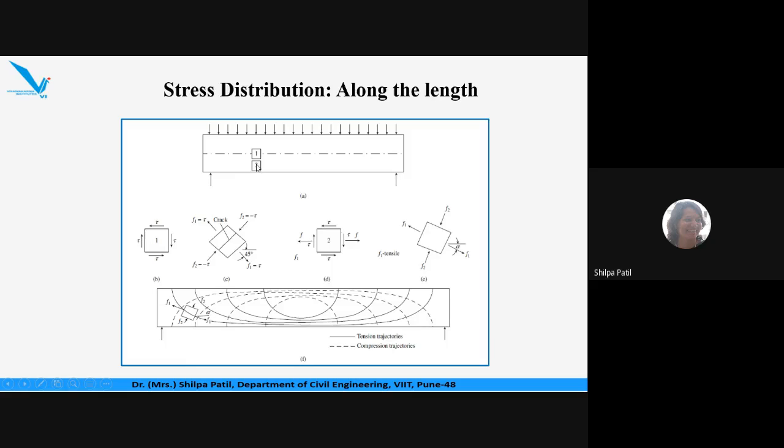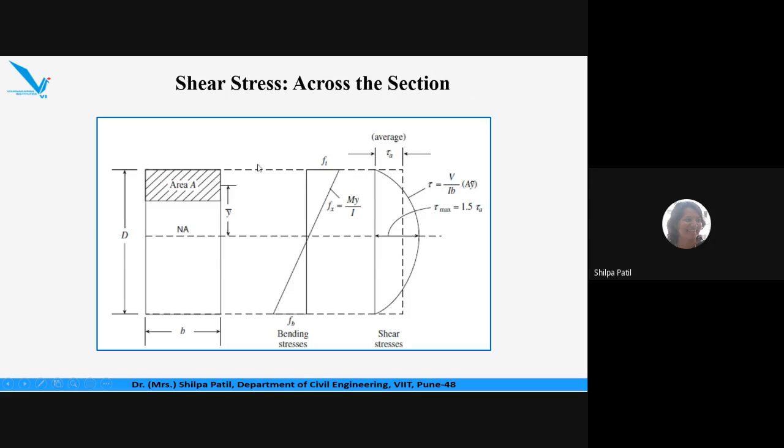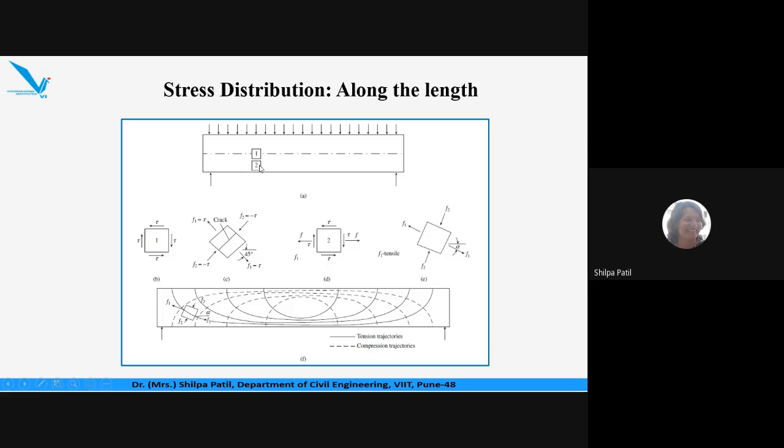Now this particular element is in a tension zone of the beam. In the tension zone, at any particular section over here, as we saw in the earlier diagram, there are certain bending stresses as well as certain shear stresses. So for this element number 2, we can show both the stresses. There are the shear stresses, and there are some bending stresses also.